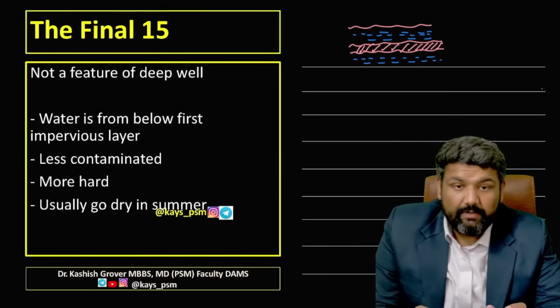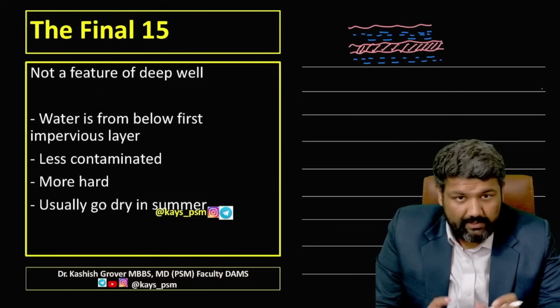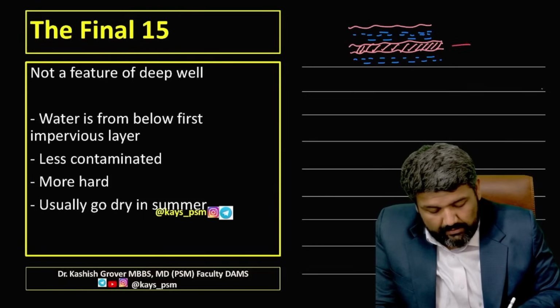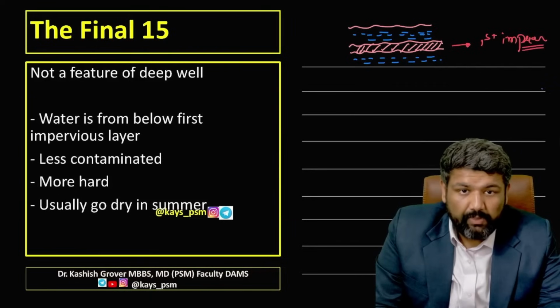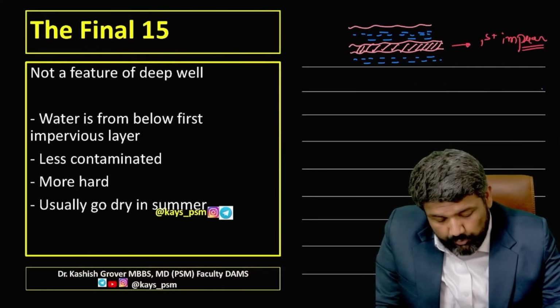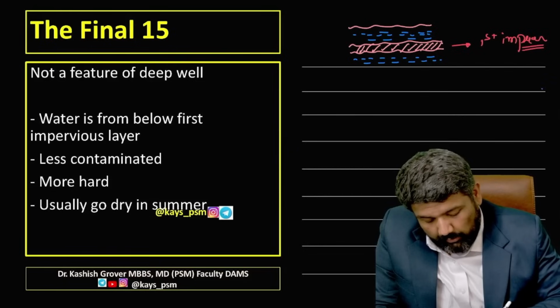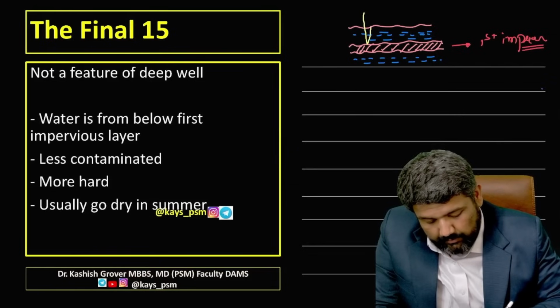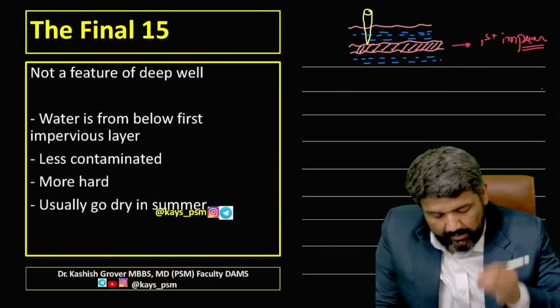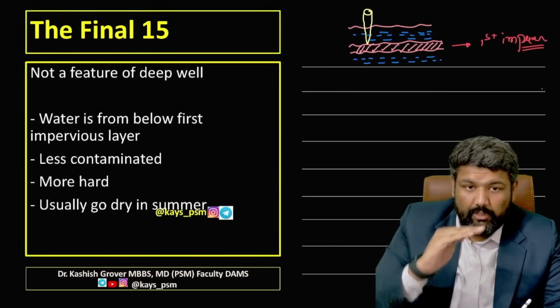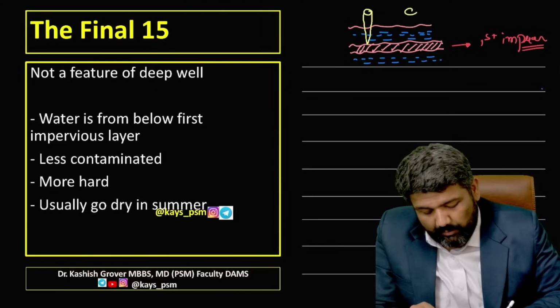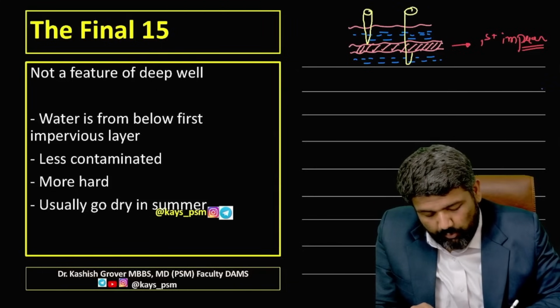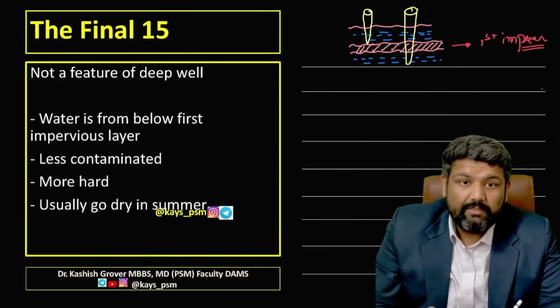Now, when the well is taking the water above this level, it is a shallow well. When the water is taken from below this level, it is a deep well.